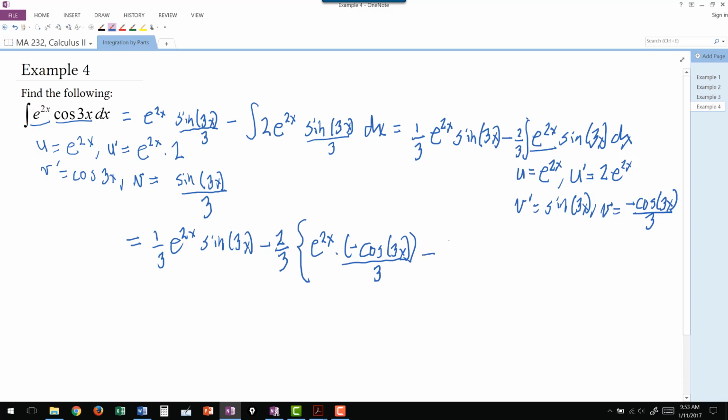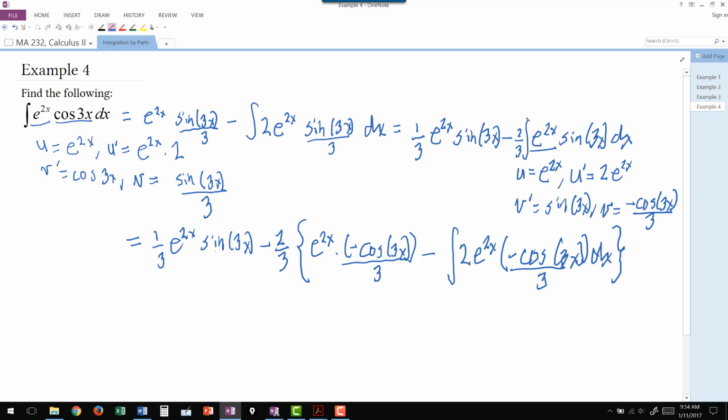And then I subtract the vu prime integral. Write the u prime first here, so I get 2e to the 2x, and then the v by minus cosine 3x over 3 dx. And that completes the second application of the parts formula.